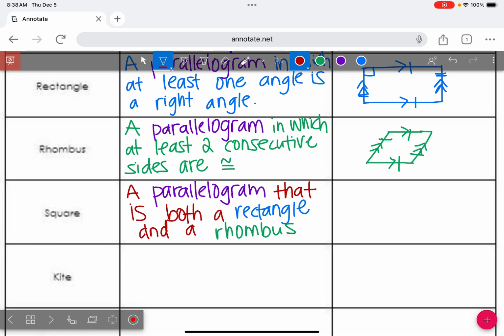So when I draw my square, the opposite sides are parallel. The sides are all congruent to each other, and there is at least one right angle.